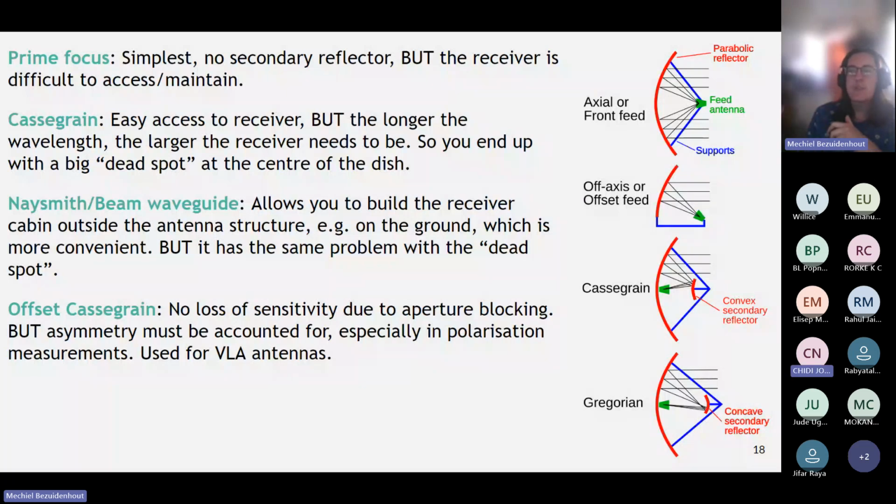With an azimuth or beam waveguide, where you have the physical hole in the dish, that allows you to build the receiver cabin far away from the antenna structure, for example, on the ground, which is very convenient for maintenance and that kind of thing. It's all very close to hand, but it has the same kind of problem with the dead spot caused by basically the shadow of the secondary reflector.